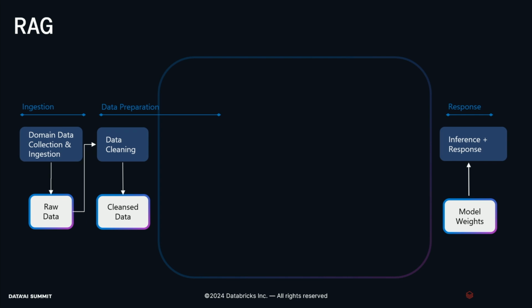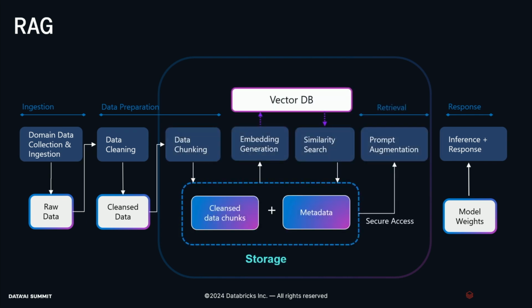But on the other side, on the inference side, you have the model weights, as you would normally have with a fine-tuned model or a base model. And now you want to generate a response which is retrieved based on the user query that comes in. And that's what happens in the middle. There is a very important piece, which is the vector DB, which stores the embeddings. Models don't speak English. They speak vectors.